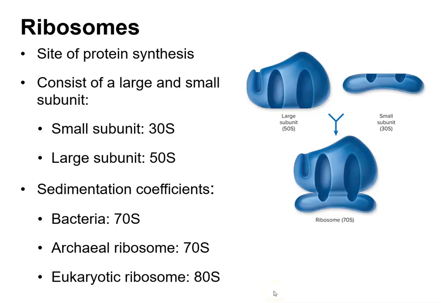So all cells must make proteins to survive. And prokaryotic ribosomes are the location where proteins are produced. Now, keep in mind, we said prokaryotes lack membrane-bound organelles. Ribosomes are an organelle, but they're not comprised of a membrane. They don't have a membrane that surrounds them. They're mainly comprised of ribosomal RNA.